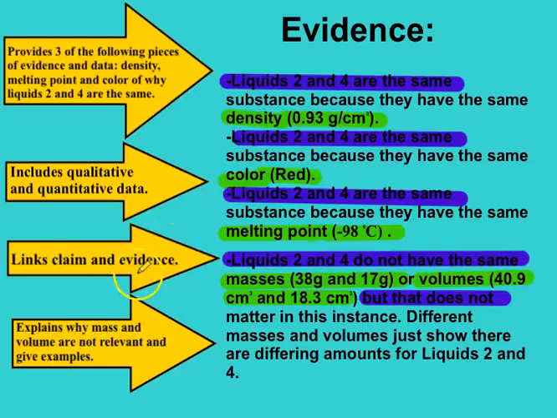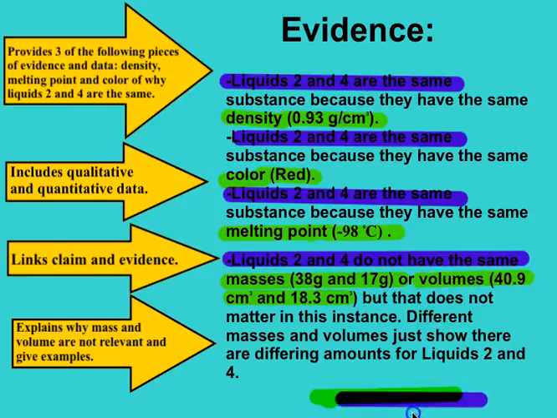Now explains why mass and volumes are not relevant. So here it is, but that does not matter. Ooh, now it's really hard to see that, isn't it? So if I get rid of those and pick a different color, let's go back with green.